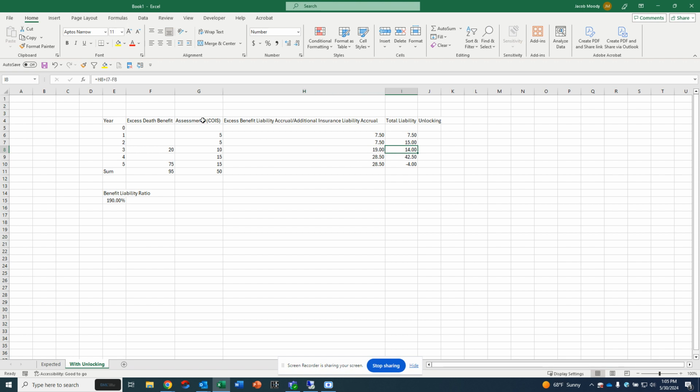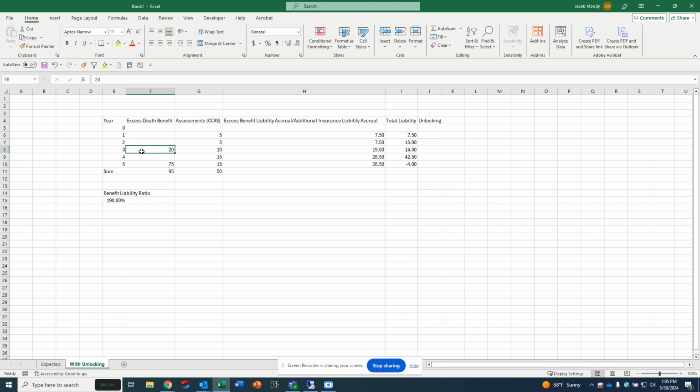Note that this 14 is just 14 because I also release 20 in my AL from paying this excess death benefit. And then you just multiply this by 190%, this by 190%. But look, once I release 75 of AL, I'm left with -4. I'm 4 short.